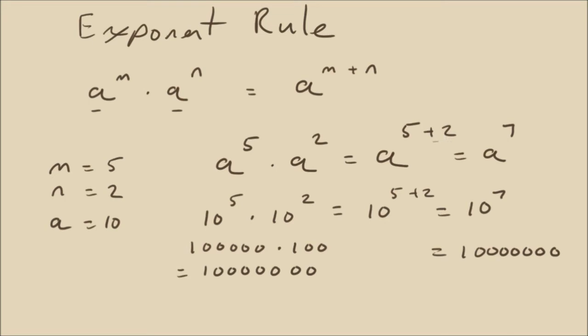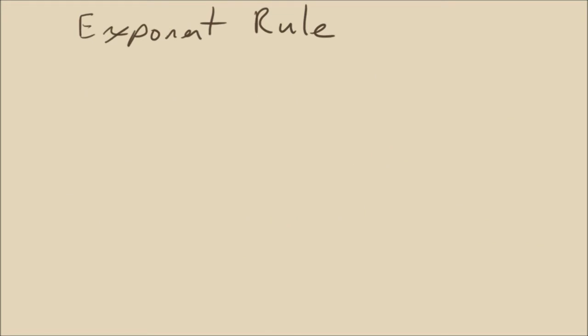Alright, so our next rule is that a to the m over a to the n is equal to a to the m minus n. So this time I'm only going to do it with the m and the n set up.